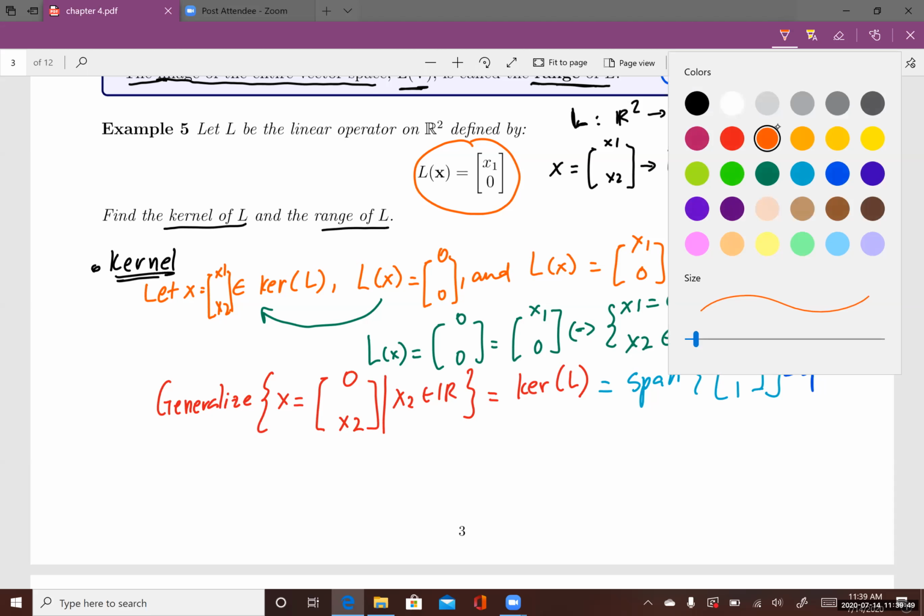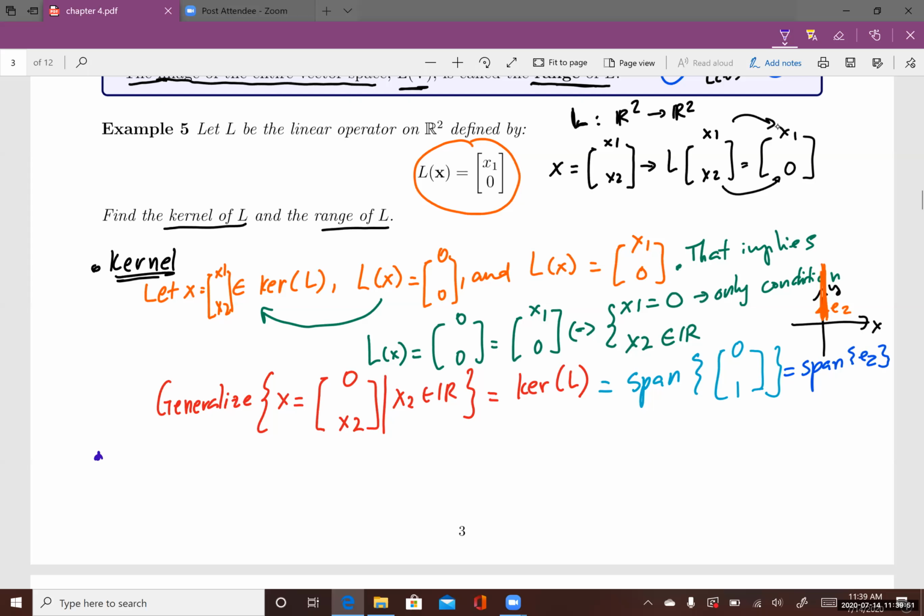How about the image or the range? The range of L is just the image of the whole vector space.